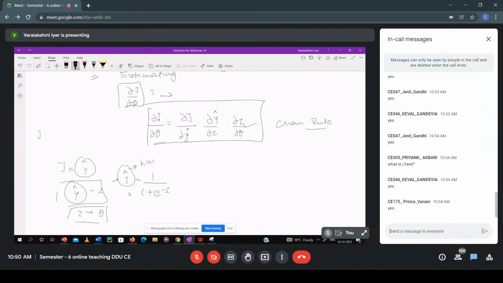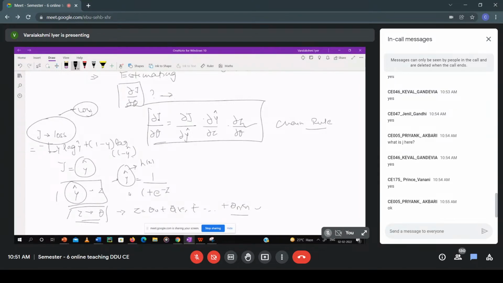Your j is your loss function, which is minus of y log y hat plus 1 minus y log 1 minus y hat. And your z is theta 0 plus theta 1 x1 up to theta n xn. Through j, I mean loss.